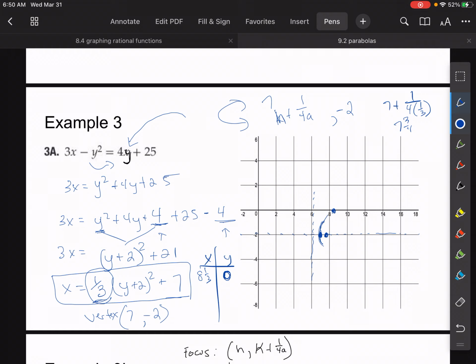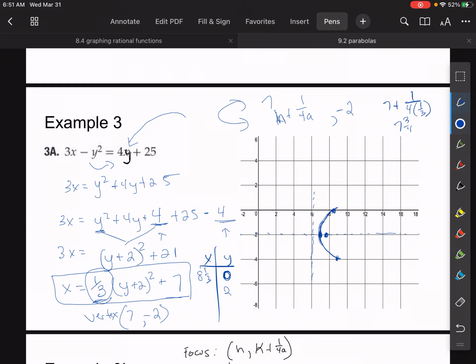So we got that kind of a shape happening, which means that at -4, I should also be there. Now you could keep going and plug a 2 in for y.